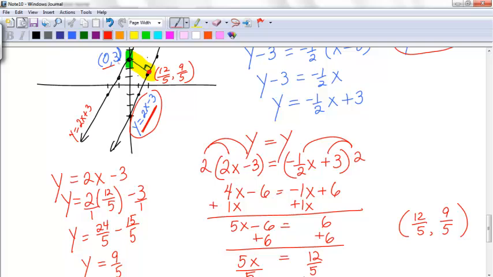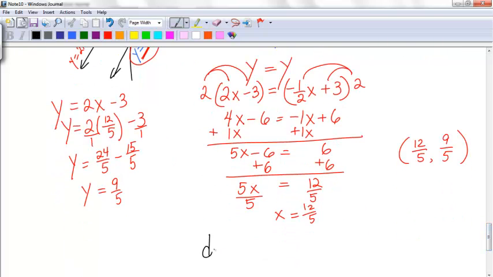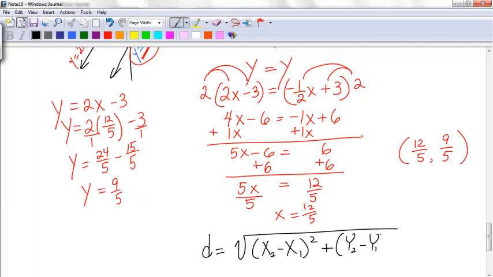So now I know this ordered pair and this ordered pair. Now I go to the distance formula. So distance is the square root of x sub 2 minus x sub 1, quantity squared, plus y sub 2 minus y sub 1, quantity squared. I labeled this one as my x sub 2, y sub 2.